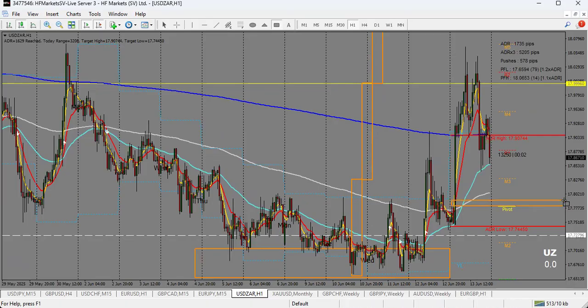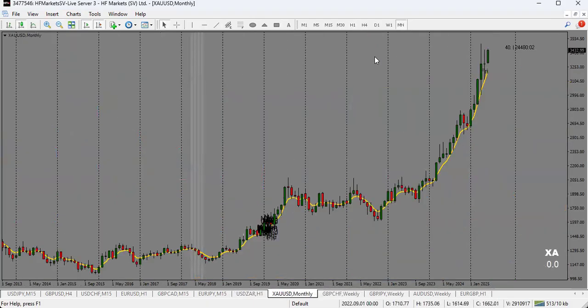So price might come to this point. We are having a fair value gap here to fill. So you should expect for price to come to this point and then go up. So that is my anticipation on USD ZAR.